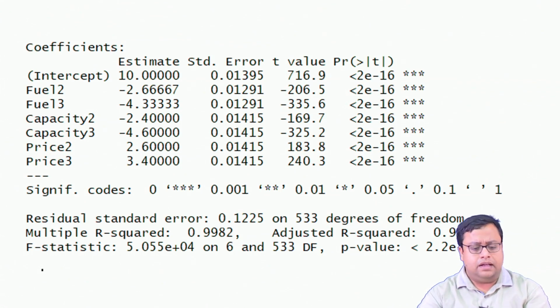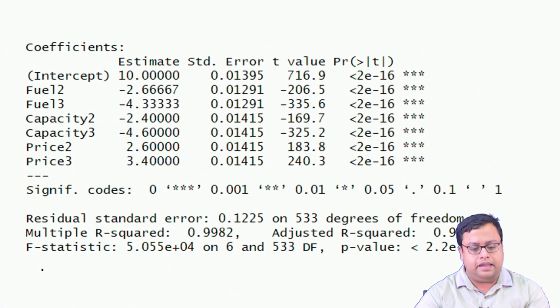Now, if I try to interpret these things, all my variables are coming out significant, that is one thing. The next thing that I have to check is that for each of the categorical variables, fuel, capacity or price, fuel 1 has been taken as the reference, capacity 1 has been taken as the reference, and price 1 has been taken as the reference.